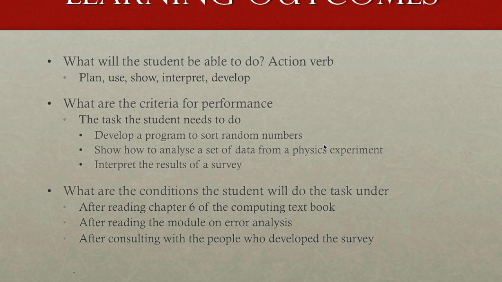So basically the task that the student is required to do. It might be something like develop, the verb, a program to sort random numbers. That's the criteria for performance. And then we might also add in the conditions that the student will do the task under. After reading the module on error analysis, develop a program to calculate the errors in a particular situation.